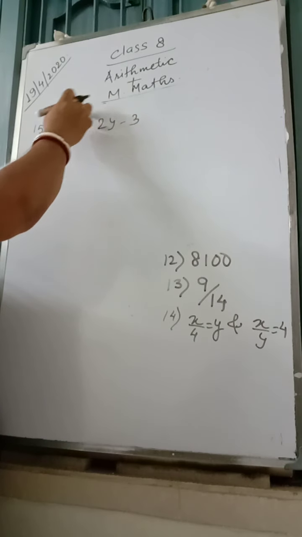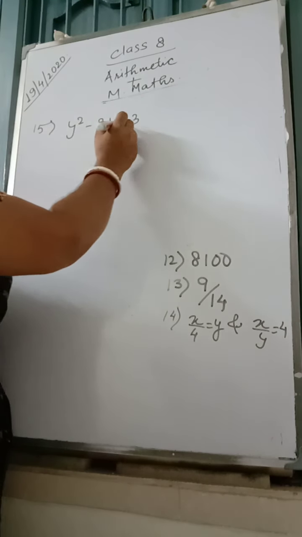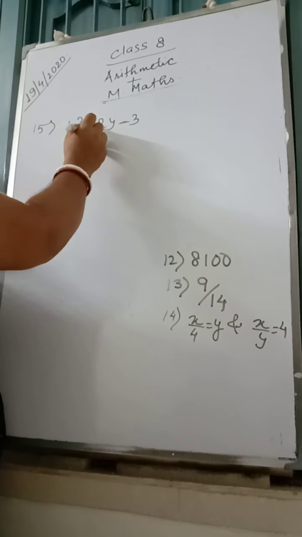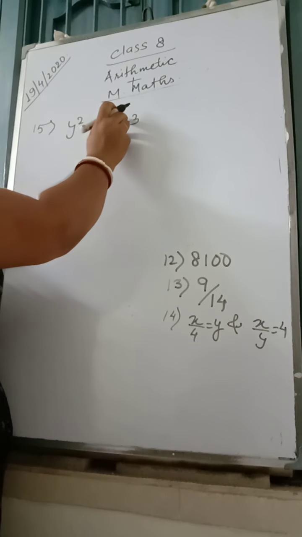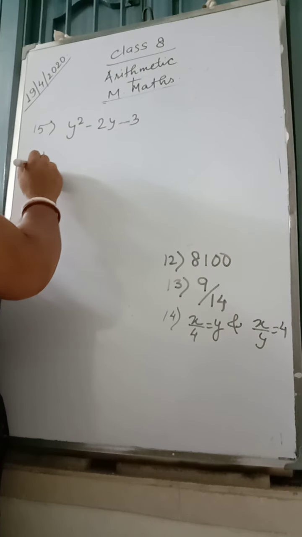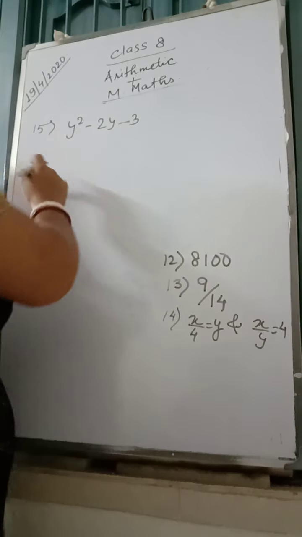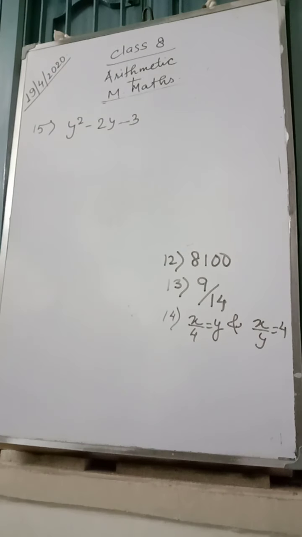I have told you, the product of first and third gives you 3y square. Now the third sign is minus, so this 2y will be broken in the form of subtraction. We know 3 minus 1 gives us 2 and 3 into 1 gives us 3. So this 2 will be broken as 3 minus 1.